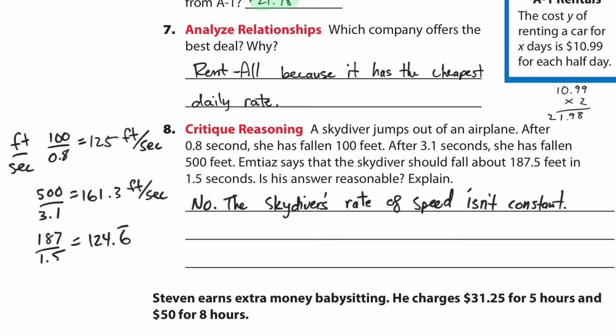Meaning, the skydiver is going 125 feet per second, and then later is speeding up to 161.3 feet per second. So she's going faster, and Emily is saying she's going to be slower.